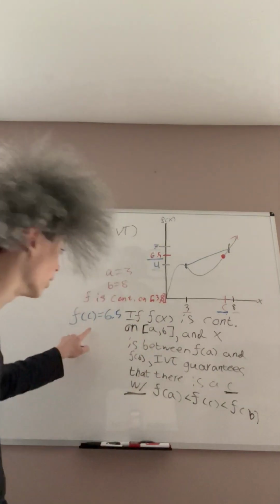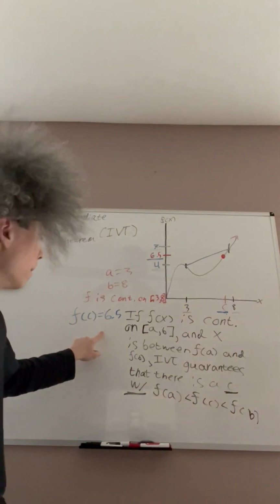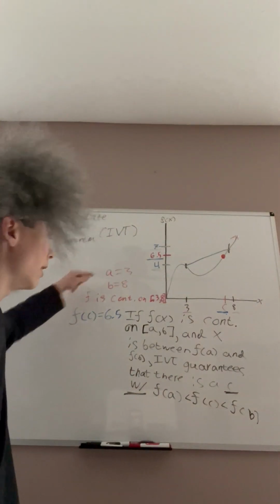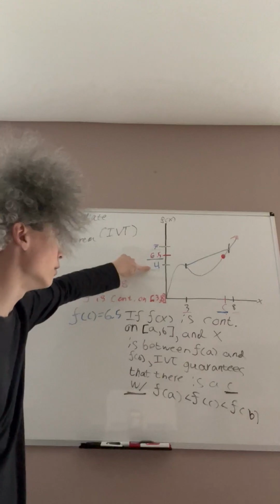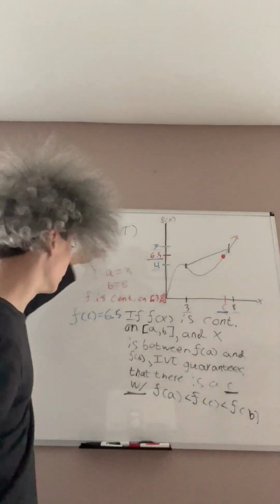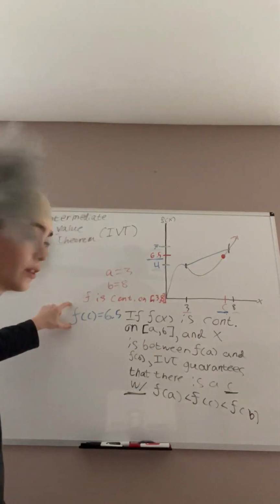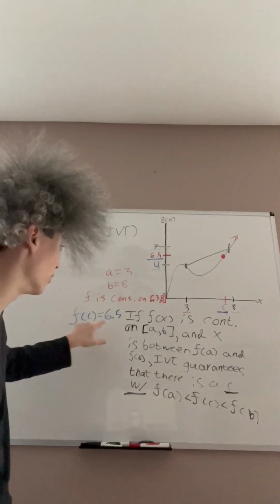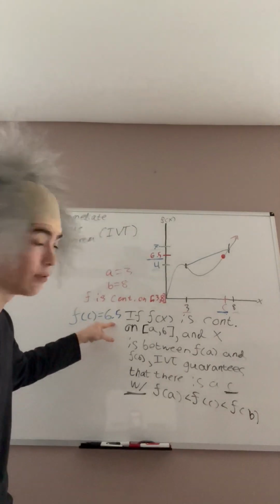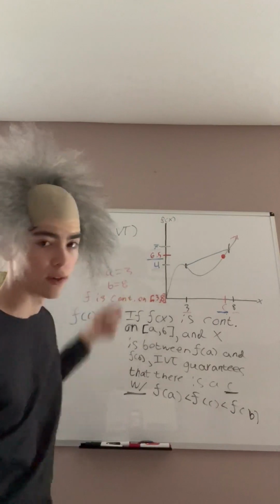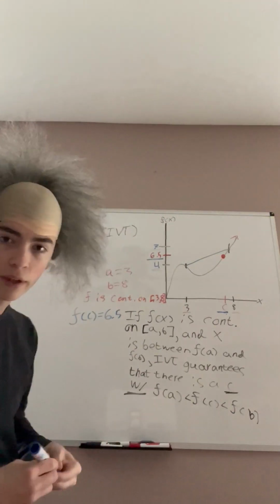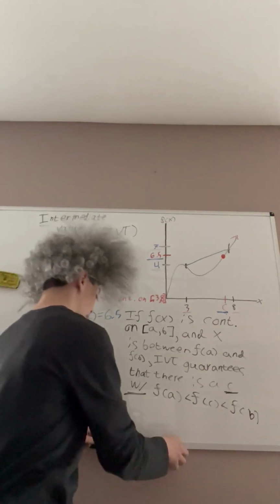The intermediate value theorem guarantees this. Because this is continuous, and because 6.5 is between 4 and 7, there will be an input that corresponds to an output equal to 6.5. So that's really all the intermediate value theorem is saying.